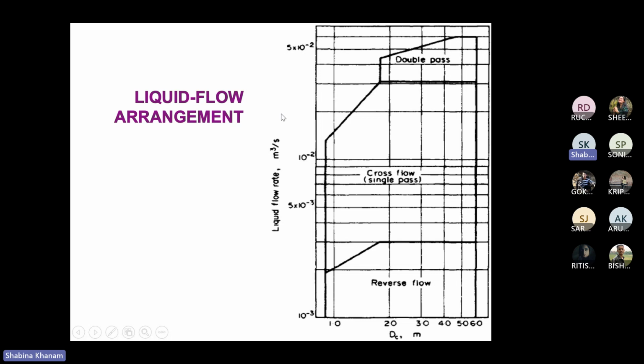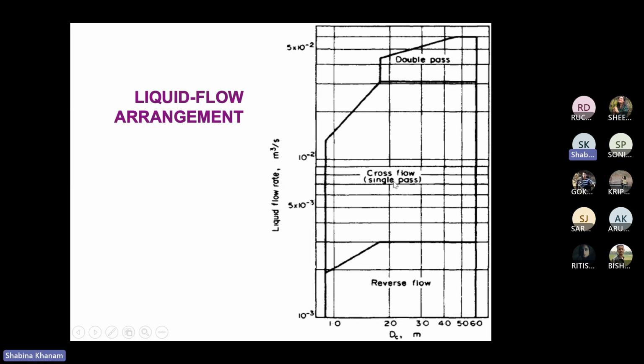And here you have the liquid flow rates, and this liquid flow rate will be of that region where the plate we are going to design is located, either enrichment or a stripping section. So for the respective section, respective region, you need to consider the liquid flow rate. And the column diameter you have already done.